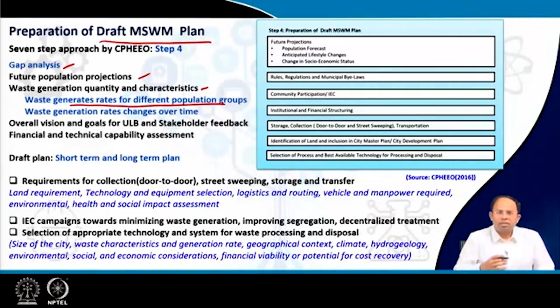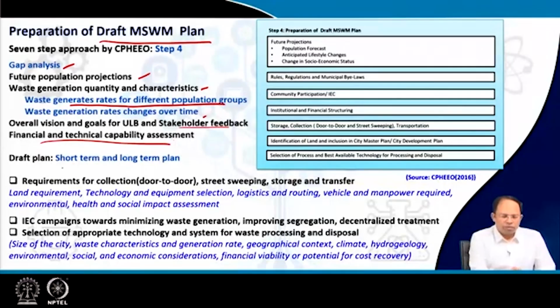So not only how this varies across different population groups or income groups in that area, but how this rate changes over time. These are the two things that we require. The overall vision of the ULB and the stakeholder feedback go into the preparation of the plan. And finally, financial and technical capability assessment helps us in determining what the plan itself should be, right?